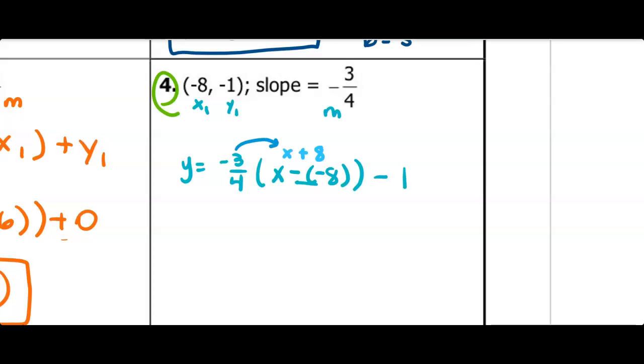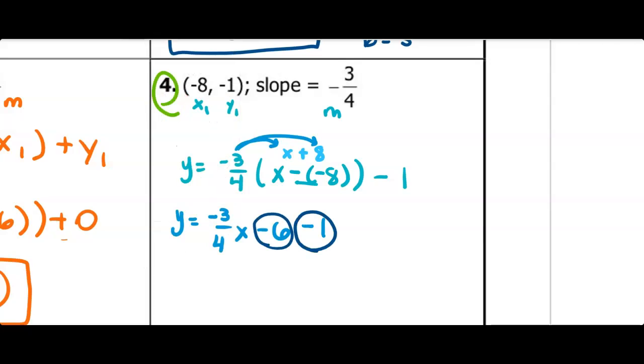Distributing the -3/4 into both the x and the 8, I get that y is equal to -3/4x. -3 times 8 is -24, divided by 4 is -6. And then bringing down my -1.